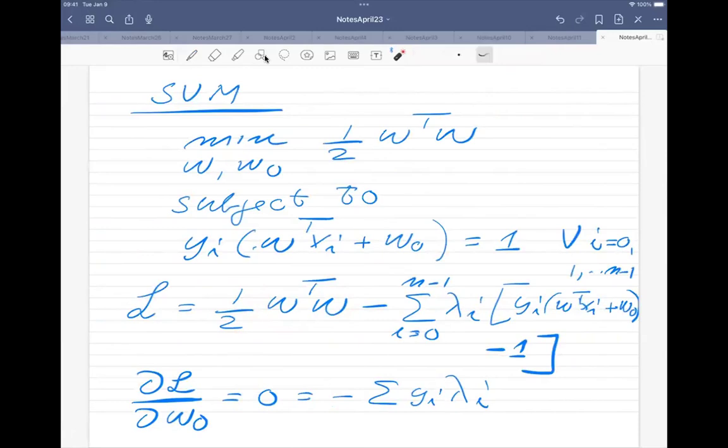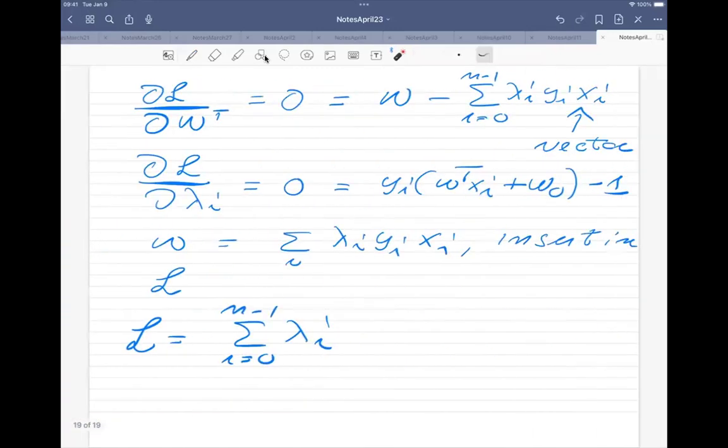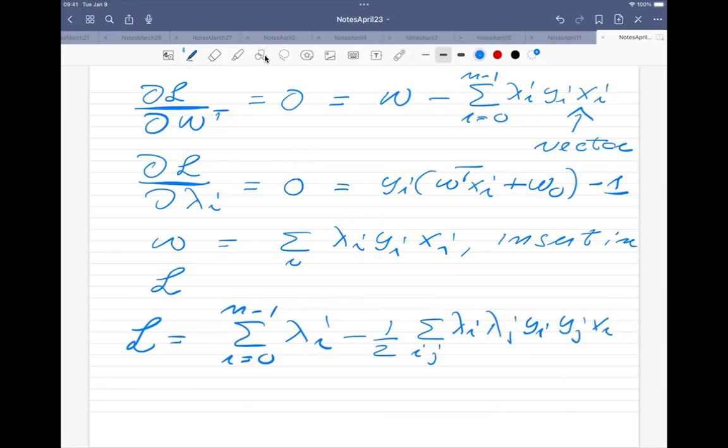And when I bring everything together, this is just going to give us minus 1/2 times a double sum over i and j. I'm going to have a lambda i, a lambda j, a y of i, and a y of j multiplied. And keep in mind now that these are vectors, so I have to have x of i transposed times x of j.